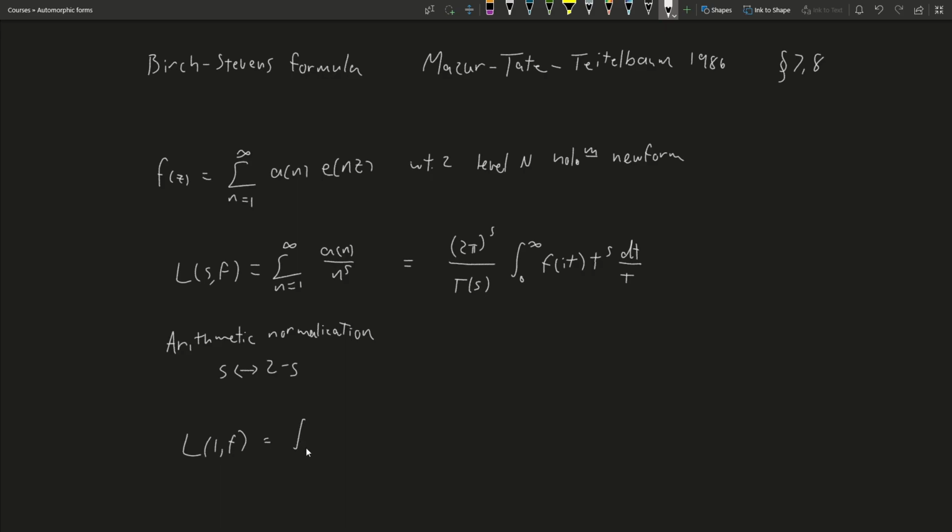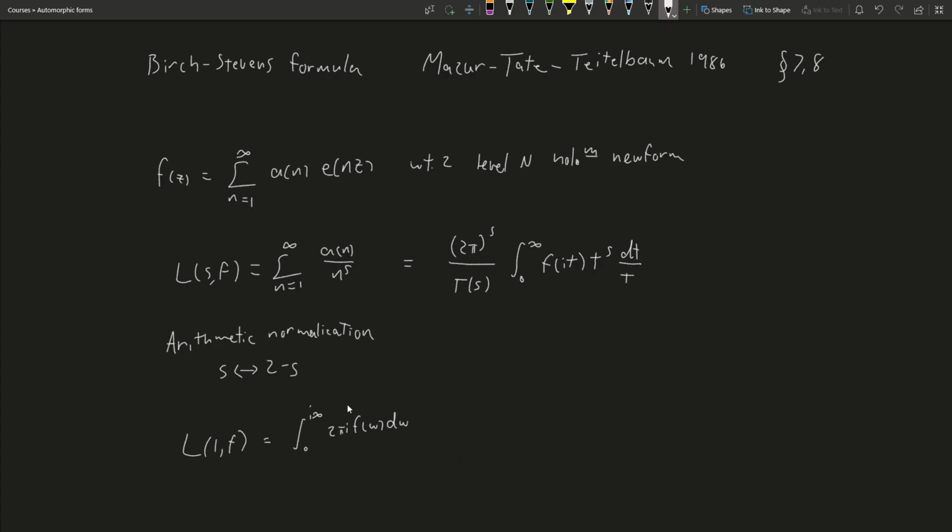So this central value is the integral from 0 to i infinity of 2πi f(w) dw, right?